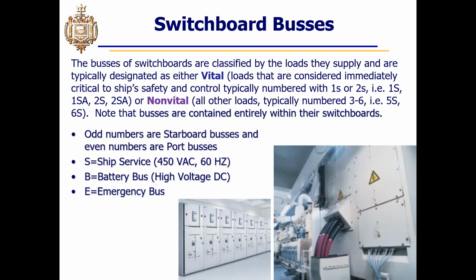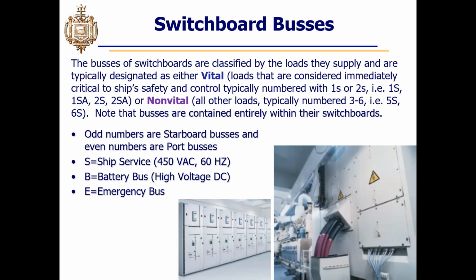On submarines, the vital buses will be protected by the ship service motor generator set, directly off of the battery. So if you lose the turbine generator that powers the starboard AC buses, for instance, a circuit breaker will open and protect the vital bus, isolating it from whatever the fault was because you lose the ship service turbine generator, and then the battery will power the vital bus without interruption. So that's kind of the general scheme.